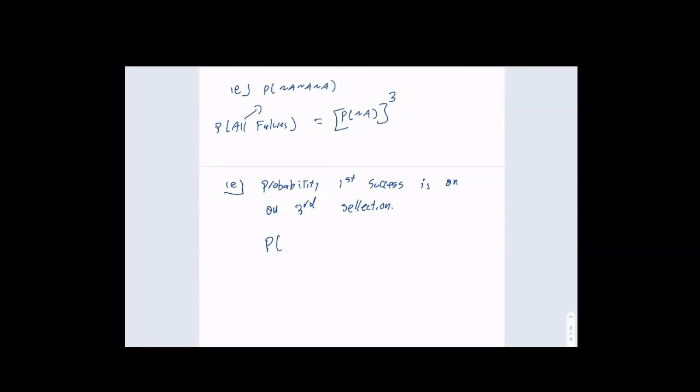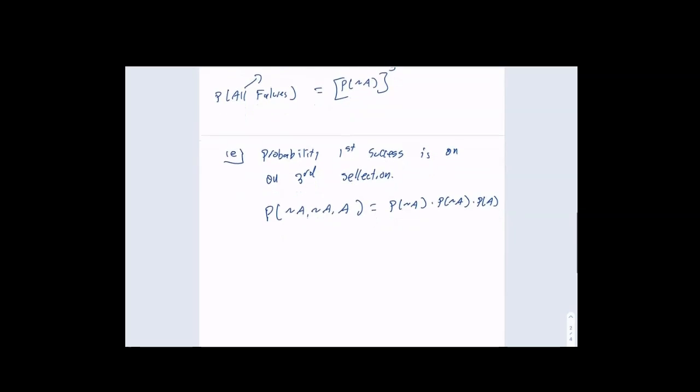They were failures. So it's not A, then not A, and then A. If you want to put commas here just to make sure you're understanding what's going on, that's perfectly fine. So this would be the probability of not A times the probability of not A times the probability of A. Now, when N is 3, you can write this out.